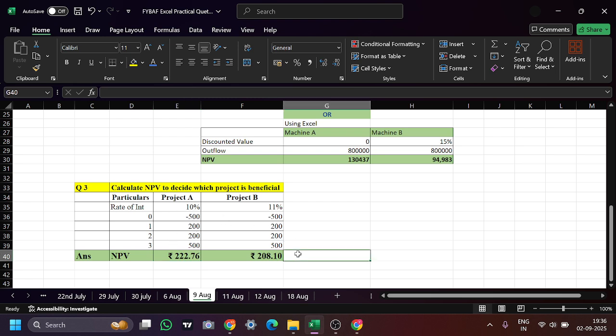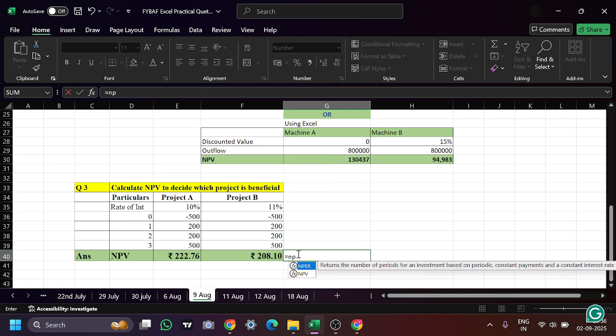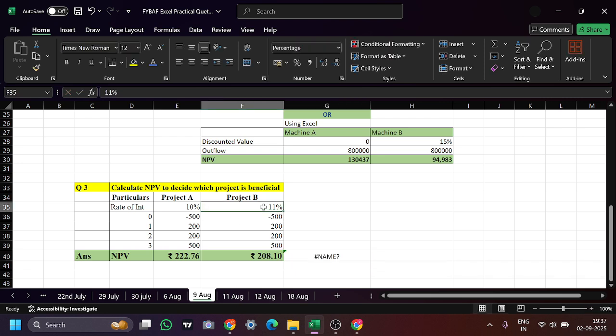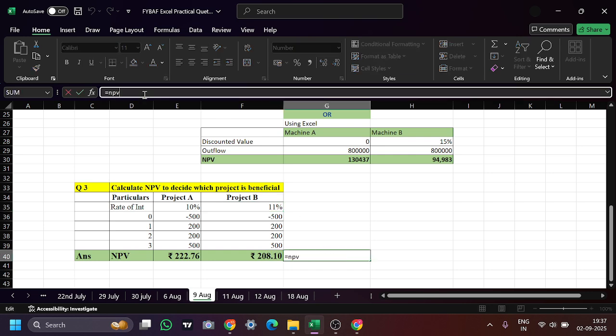The NPV will be calculated by using is equal to NPV, then rate should be taken, rate is 11%. NPV in bracket, write down the rate, then thereafter the inflows, bracket complete.